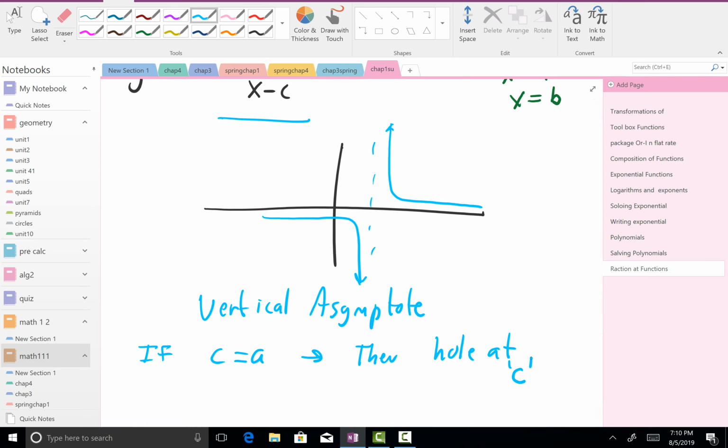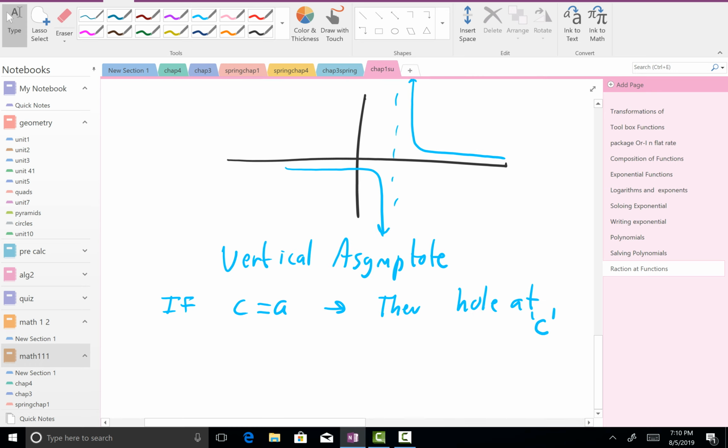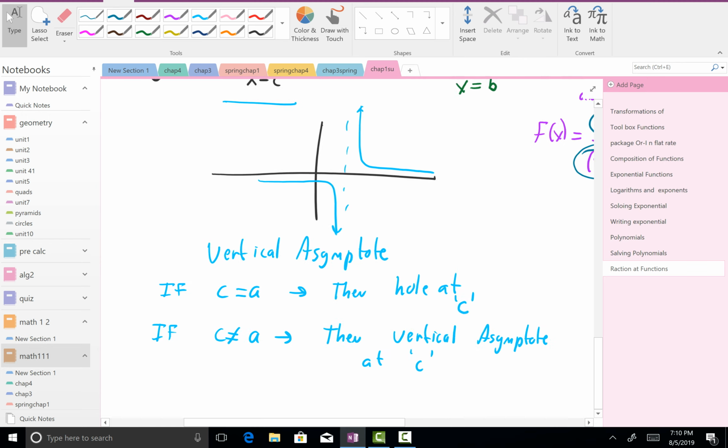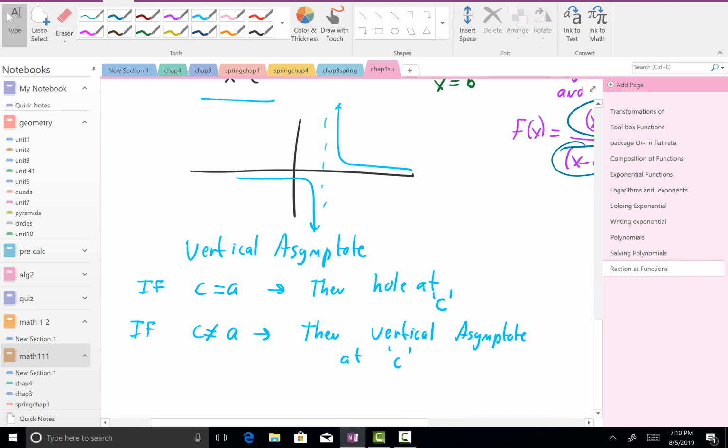If C and A are not the same, then we get a vertical asymptote at C. All right, so that's our situations. We're either going to have vertical asymptotes or we're going to have a hole.